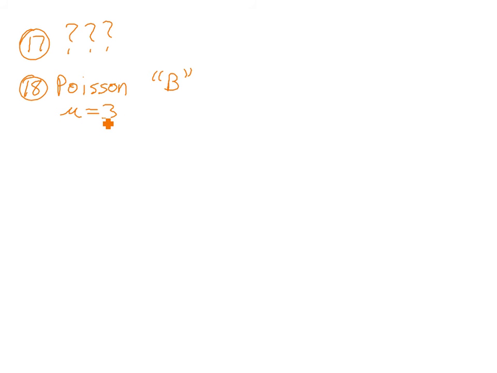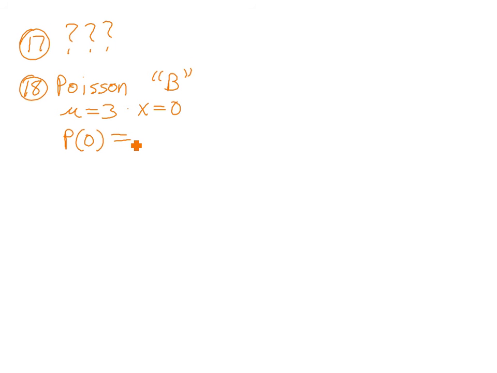Remember, whenever you're using Poisson's distribution, you need that mu. That's your main thing that you need. Use Poisson's distribution to find the probability that in a randomly selected office hour no students will arrive. So this time we want our x to be 0. So we want the probability of 0.